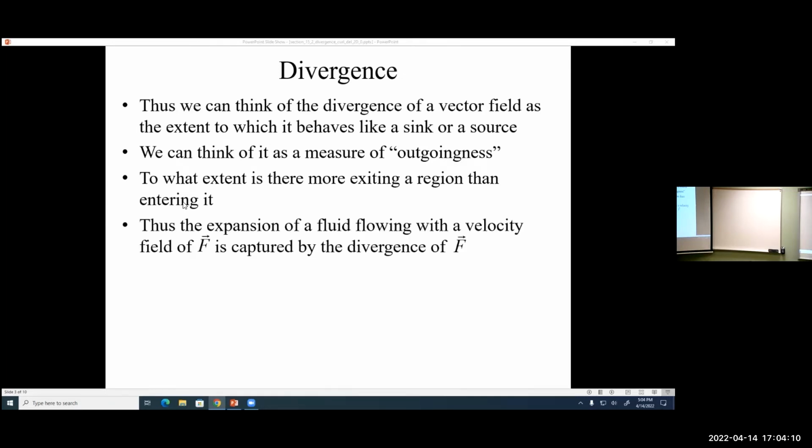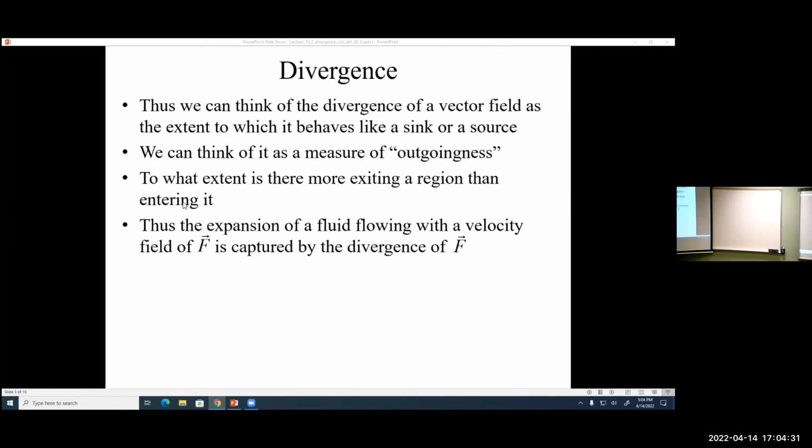The nice thing about divergence is, we'll do it at a point today, but later this semester, we'll be able to use divergence to measure flux, or the amount of something going out or in on an entire surface using an integral, because an integral will add up all the points.